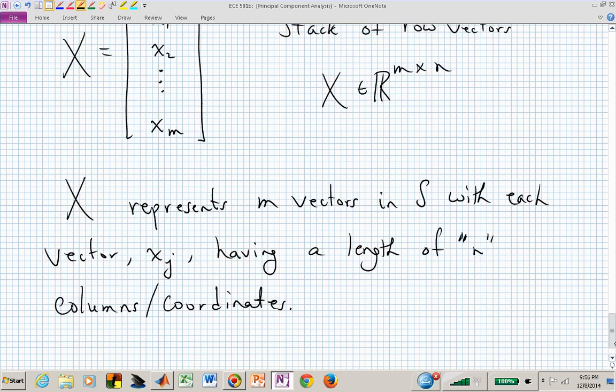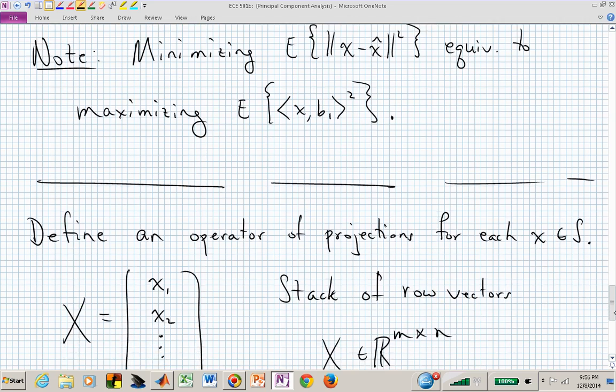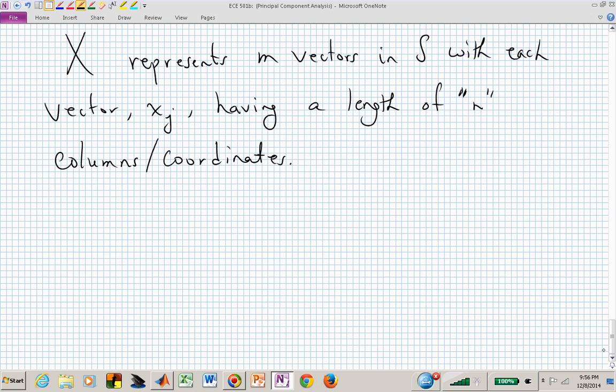What we wanted to do then, by trying to find the best b1 to achieve this largest value, or maximize the expected value of x b1 for all these different x's, is look at b1 relative to the inner product of b1 with all of these little m measurements. Let's say that result is p.